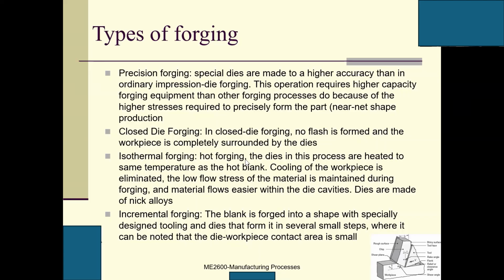The dies in the process are heated to the same temperature as the blank. This is called isothermal forging. Incremental forging: the blank is forged into a shape with a specifically designed tooling and die set, forming it in several small steps, where the die-workpiece contact area is small. So we have four different forgings.